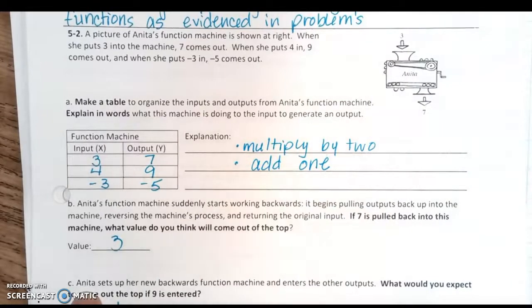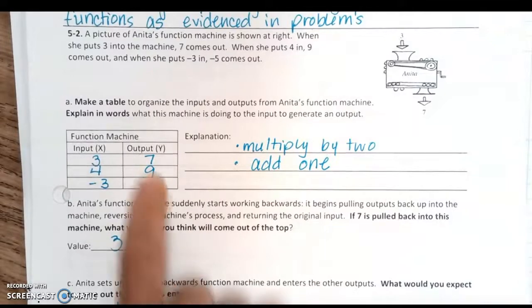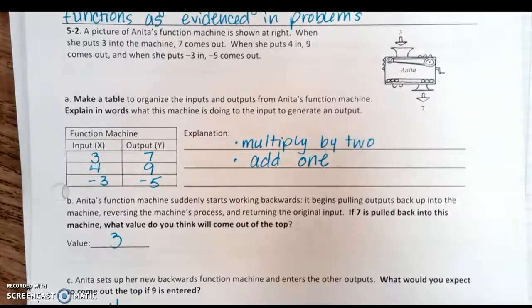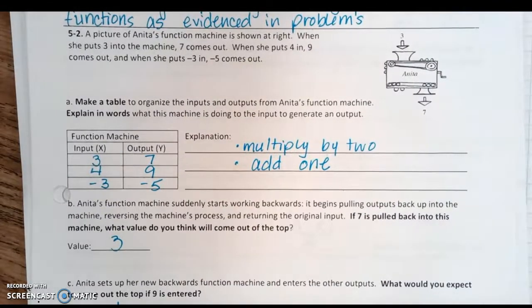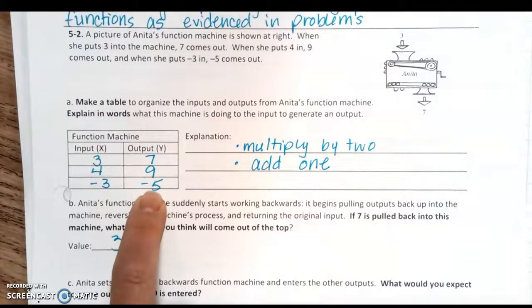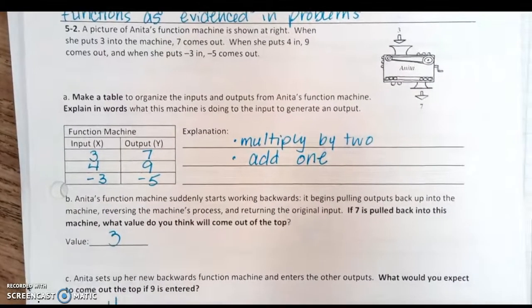And part C says, Anita sets up her backwards function machine and enters the other outputs. What would you expect to come out the top if 9 was entered? You would expect the 4, right? And what would you expect to come out the top if -5 is entered? If it pulls up the -5, the -3 is going to come out the top.